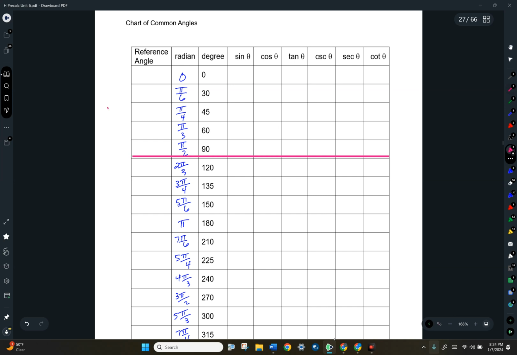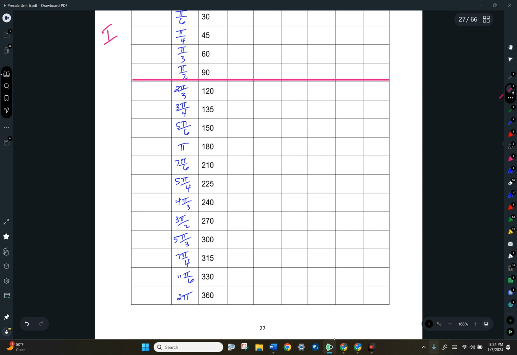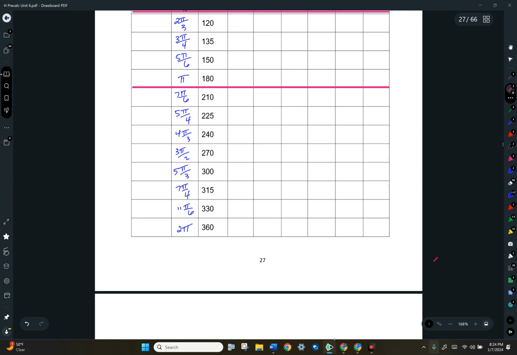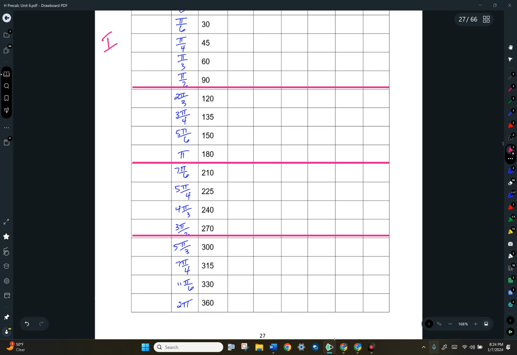So this is the first quadrant. And then under the 180, we can draw the second quadrant. And then under the 270, we can draw the third quadrant, just to help us identify.